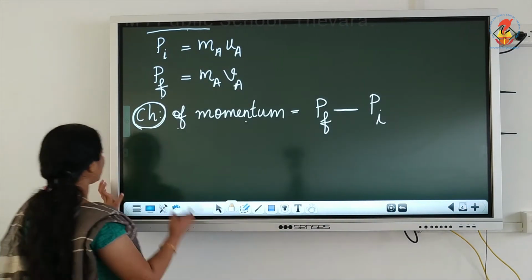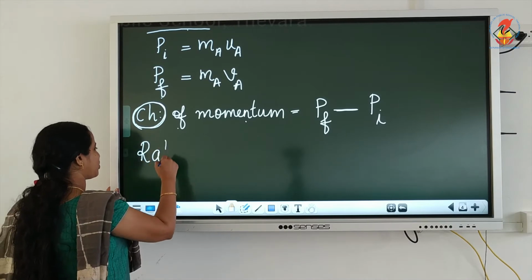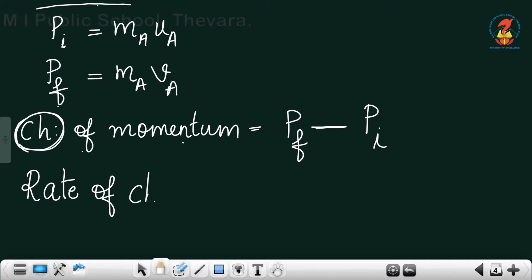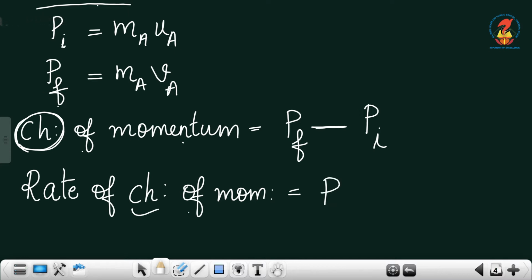Now let us see what is rate of change of momentum. Change of momentum is final momentum minus initial momentum.